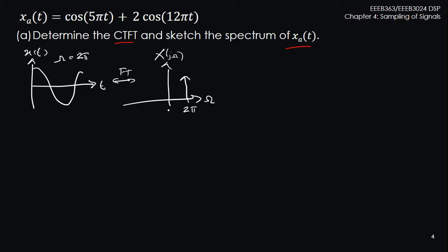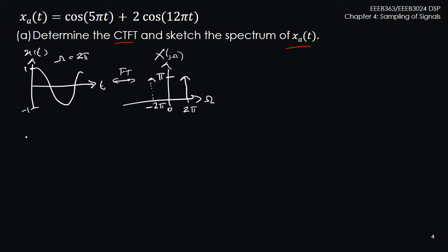And we don't just have one pulse, we also have its pair, okay? Its pair pulse is located at negative 2 pi. And its magnitude, if this is simply plus minus 1, this magnitude will be pi, okay, for a cosine signal.